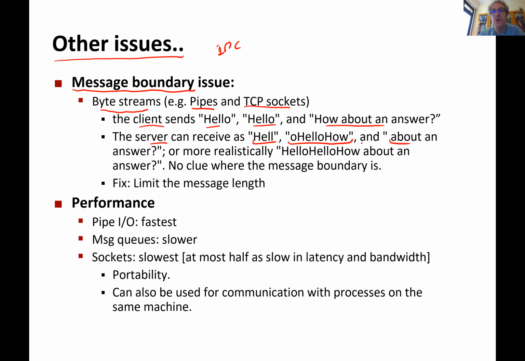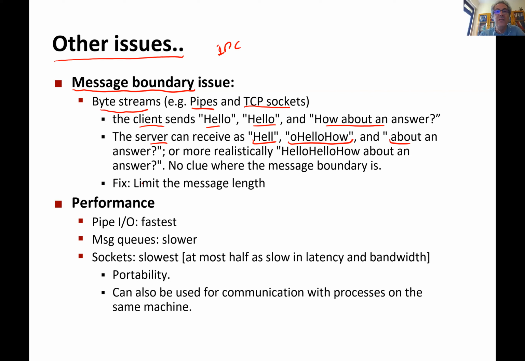Okay. So these are completely nondeterministic, and just note that once you read something from the pipe, okay, then it's gone. So you cannot wait for the whole thing. You're just reading a stream of characters, okay?